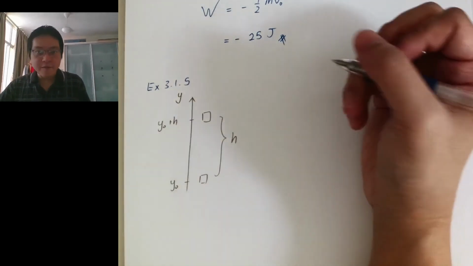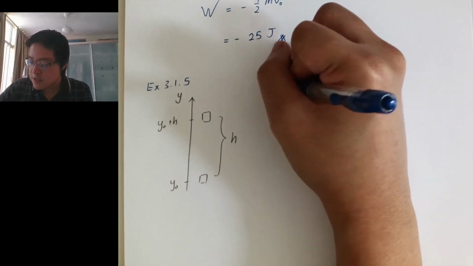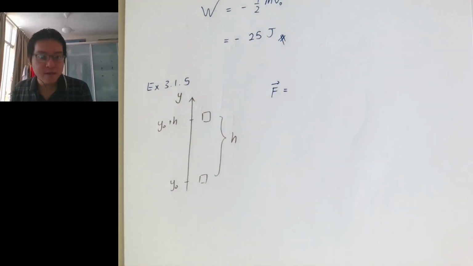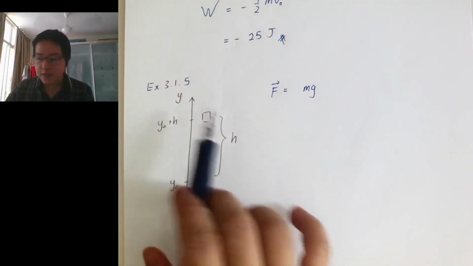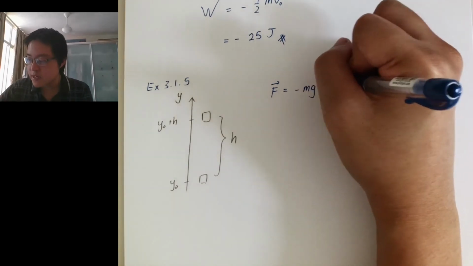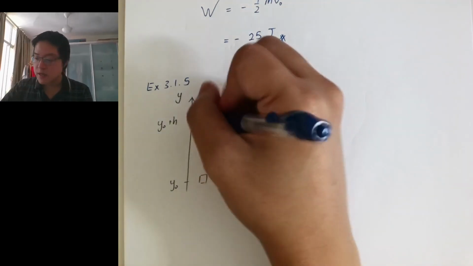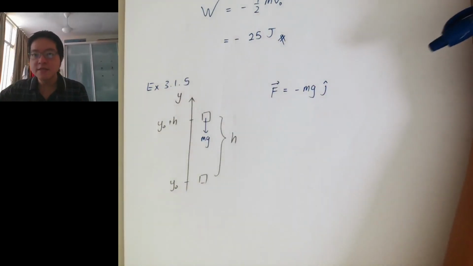Let's write the vector. Again, I'm going to solve everything by vector notation. The force due to gravity is the weight, mg. But is my sign correct? If I chose upward to be my positive axis, it is negative mg in the j direction. The force is pulling it downwards, obviously. So this is my force.